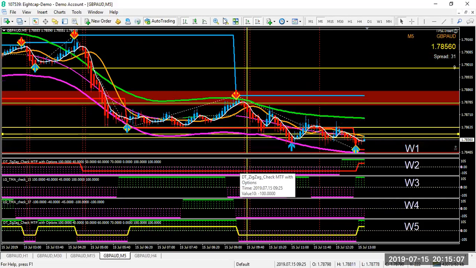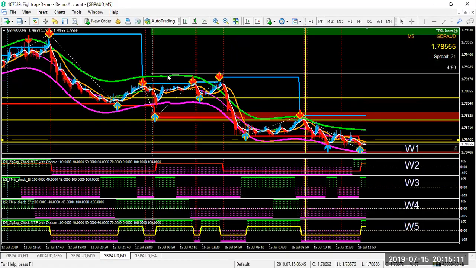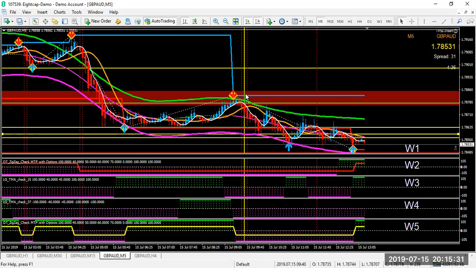Okay, so although, as you can see, just in the 5 minutes, there's a number of areas where price action and alerts came. And the reason we want the alerts or the vertical lines is that the vertical line tells us which candle we do all our framework from.